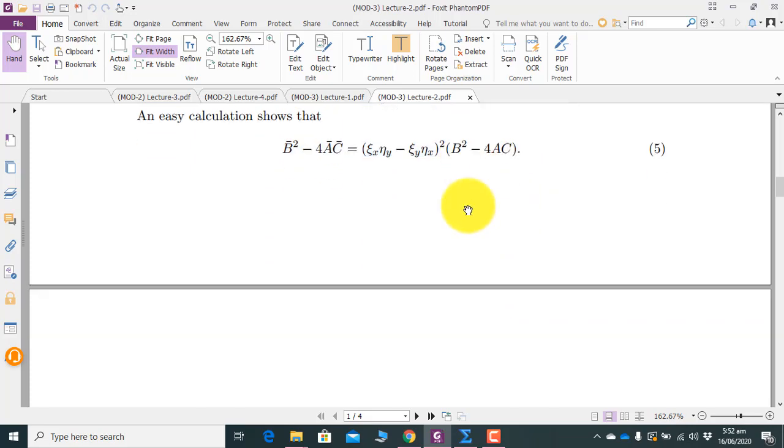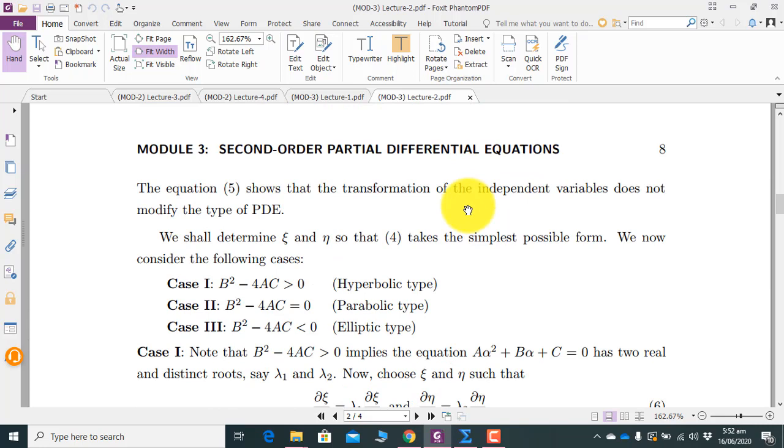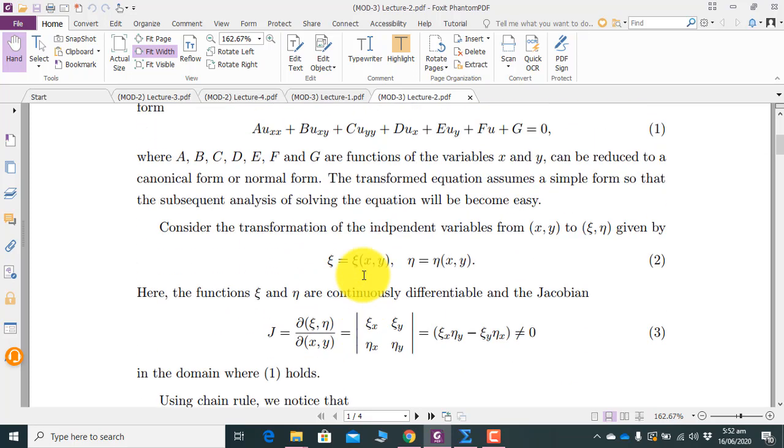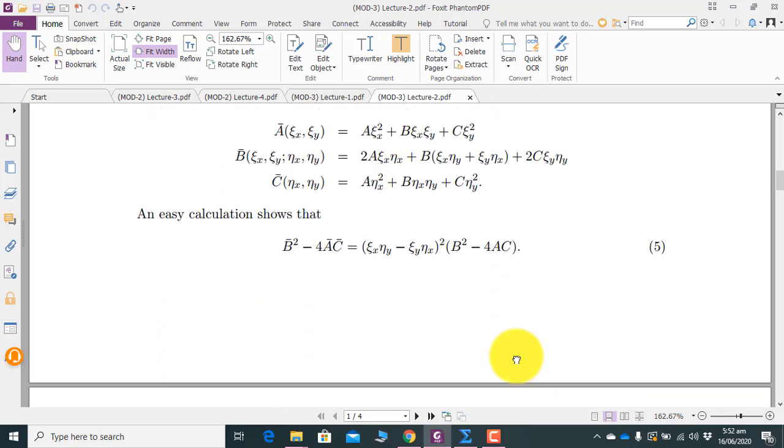Now if your partial differential equation is hyperbolic, this will be positive. Okay, no problem. This is a square of some quantity, so it will always be positive, or it can be 0. But can it be 0? This is actually the Jacobian, so this cannot be 0, and this square will always give you a positive term.